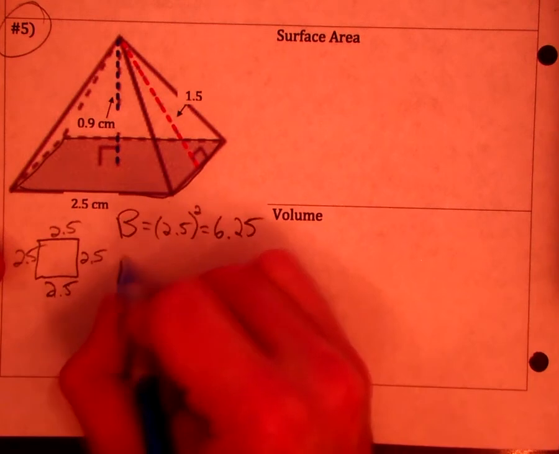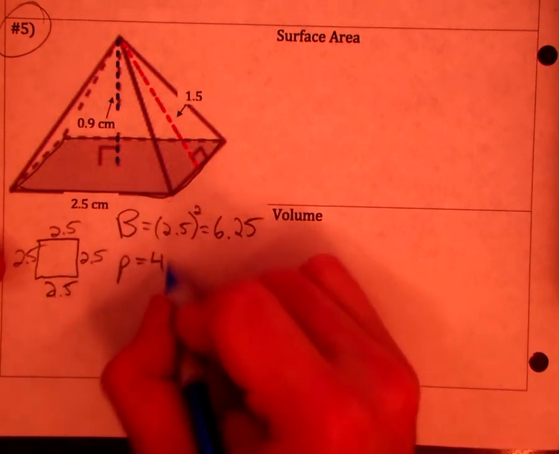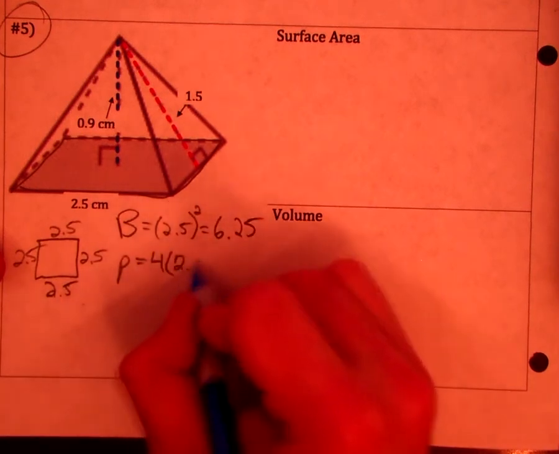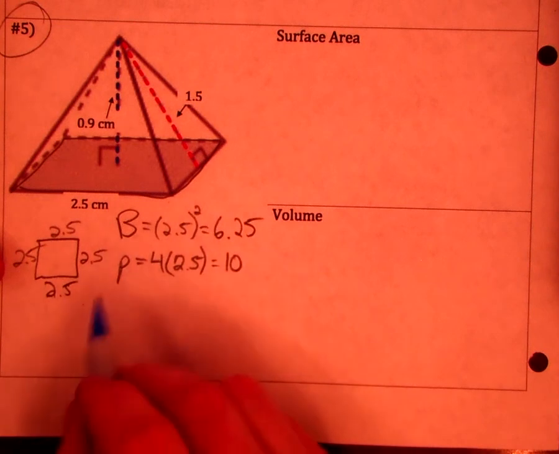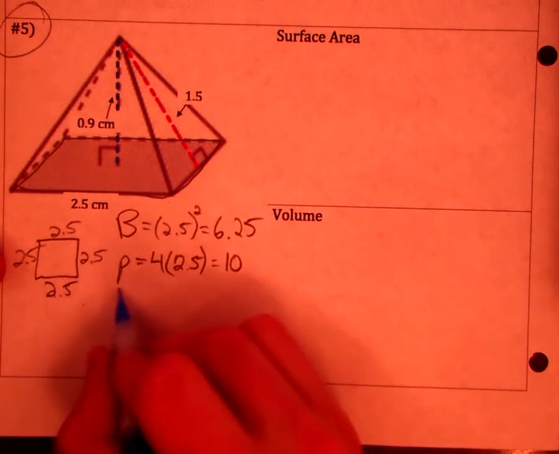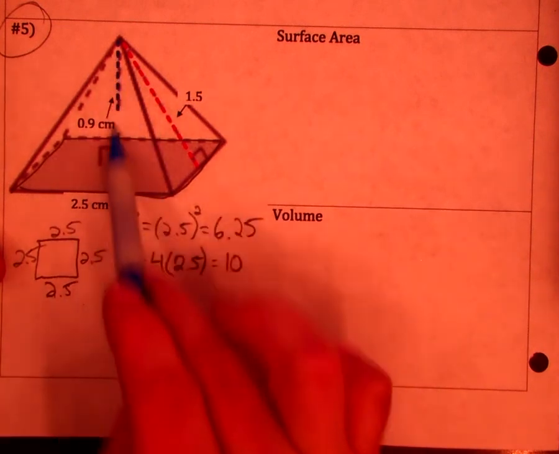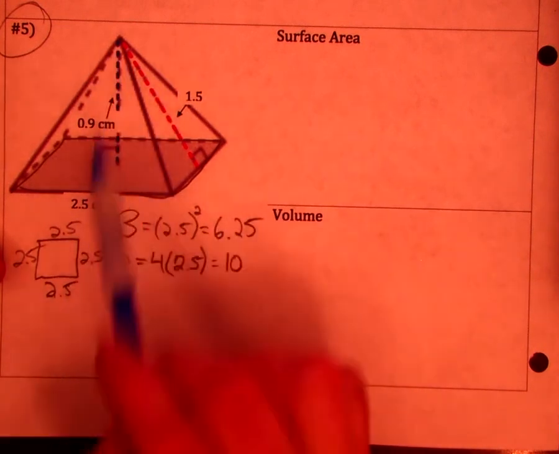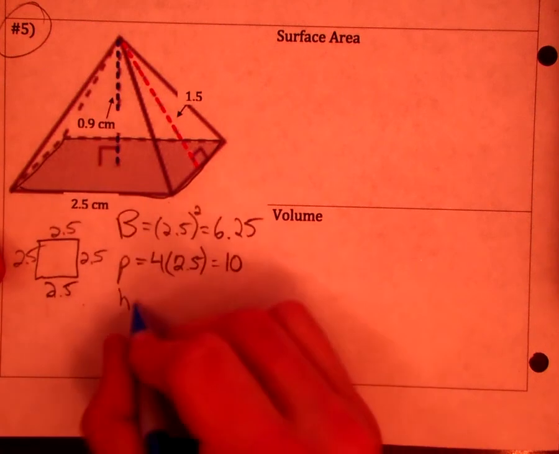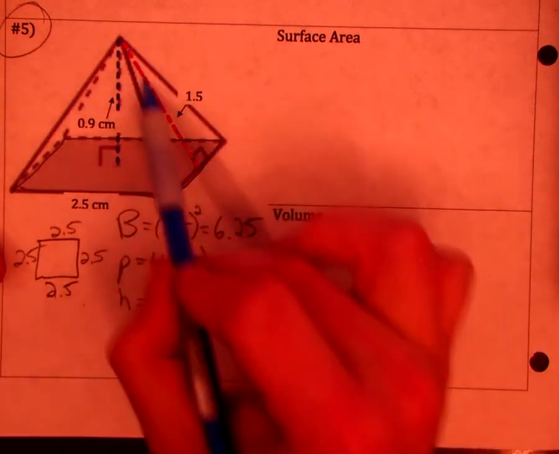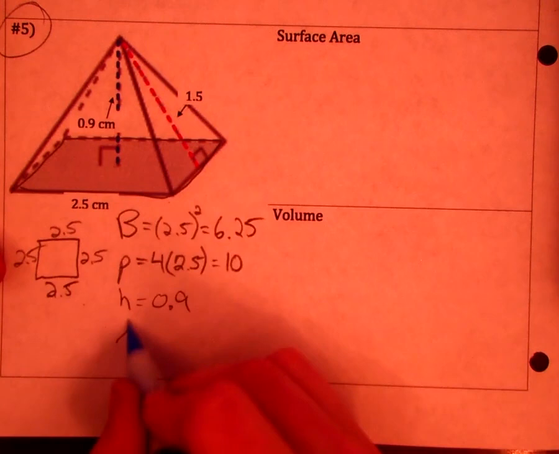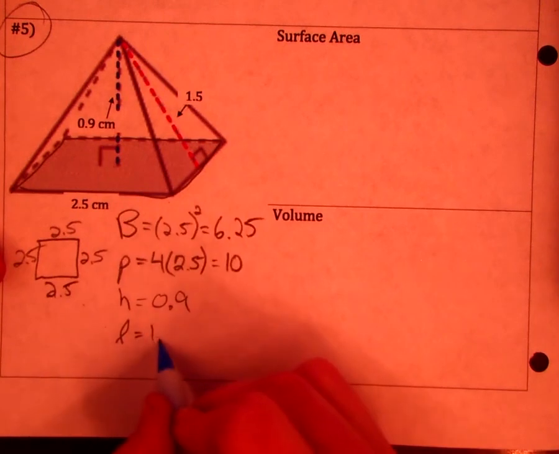We have the perimeter of the base, which is 4 times one of those side lengths, which is equal to 10. We have our height, which is that dashed blue line going from the vertex to the center of the base. So that's going to be 0.9. And then we have that slant height on the outside, which is in red, which is 1.5.